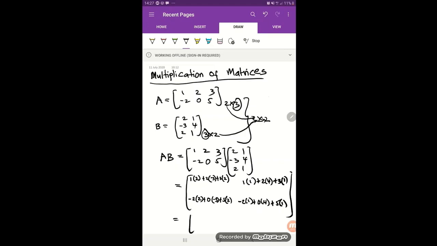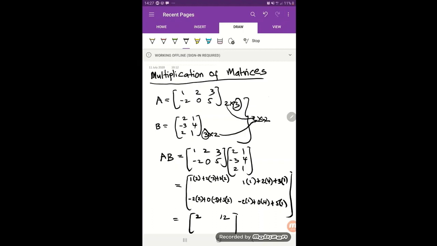So the answer is, after you simplify, 1 times 2, 2; 2 times negative 3, negative 6; plus 3 times 2. So 2 minus 6 plus 6, the answer is 2. 1 plus 8 plus 3, the answer is 12.